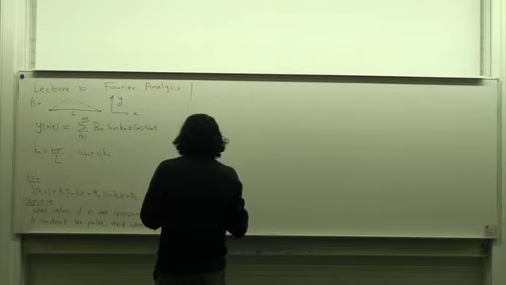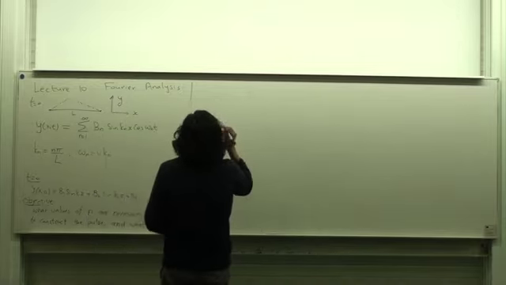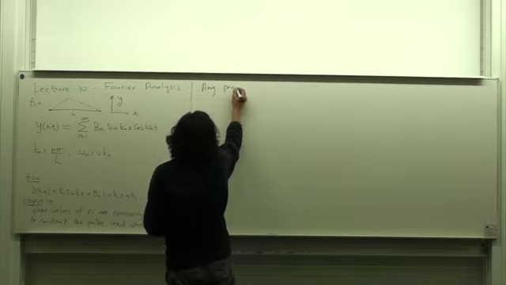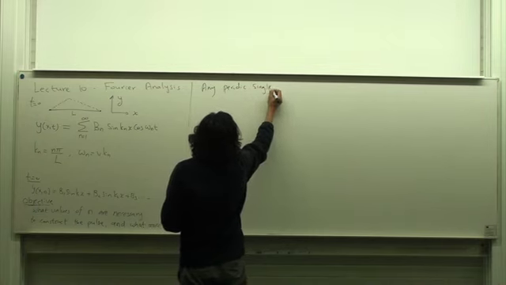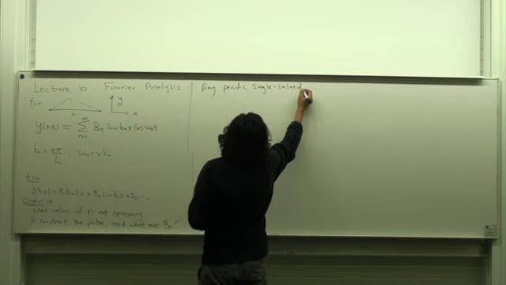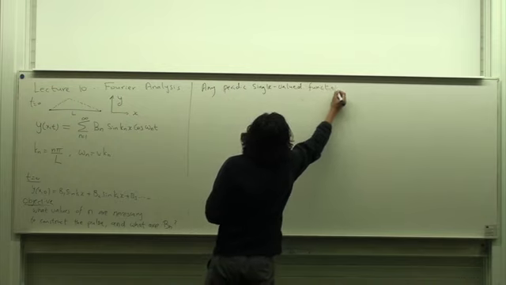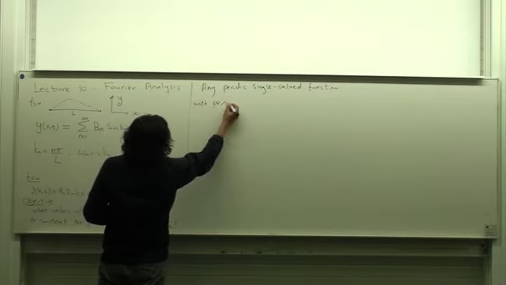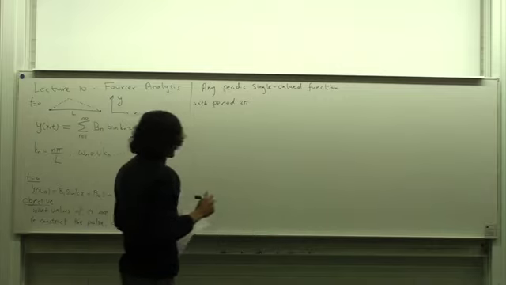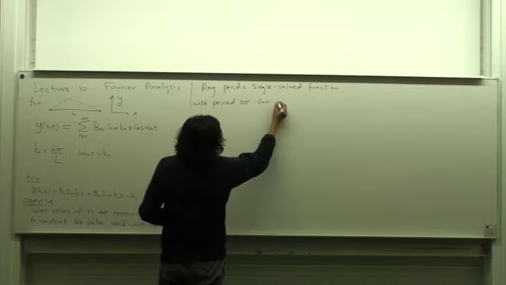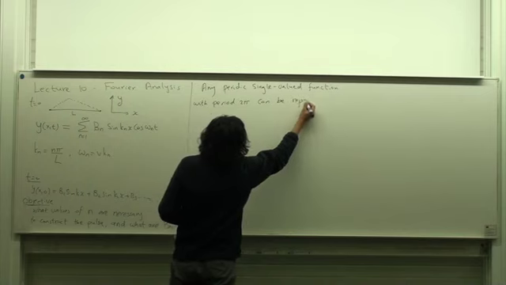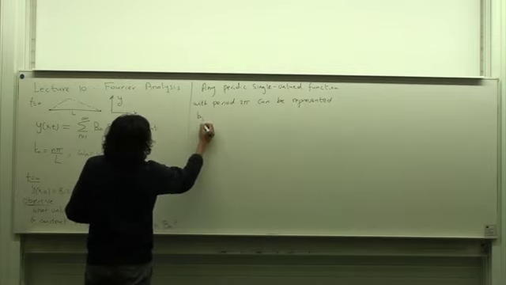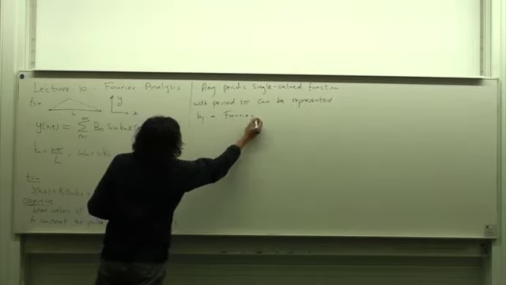So general approach, I'll write down here: any periodic single valued function with period 2 pi can be represented by a Fourier series.